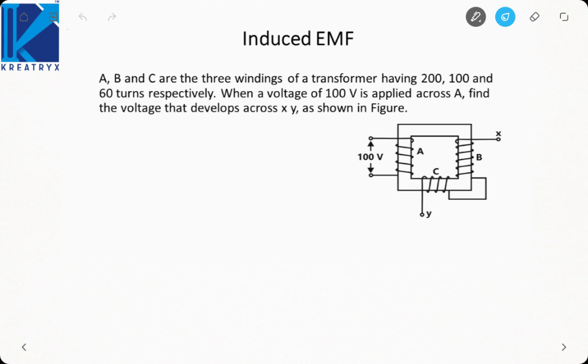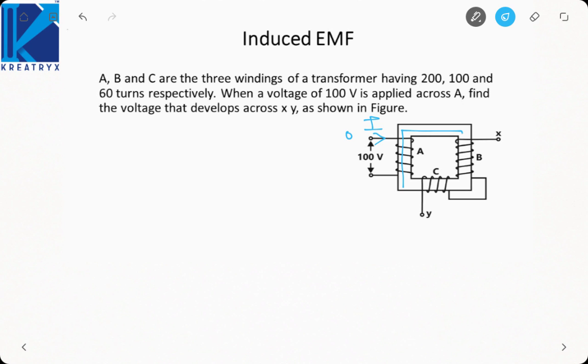In the next problem it is saying A, B, C are the three windings of a transformer having 200, 100 and 60 turns. Now 100 volt is applied across A. Find the voltage developed across X and Y. For that to happen, again I will have to use the dot convention. So I will assume this as the dot. Current is entering here.